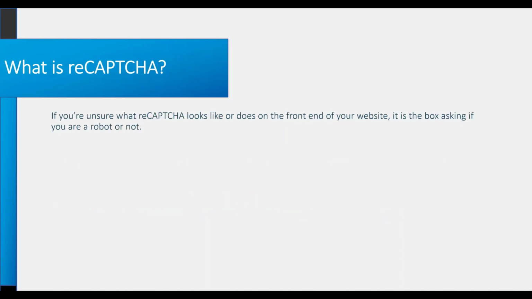If you're unsure what reCAPTCHA looks like or does on the front end of your website, you've probably already encountered it once or twice before. If you're ever signing up for a newsletter, there's a box that says I am not a robot. You can click on that, and it will usually give you a security challenge, meaning there are some pictures that you need to click on.